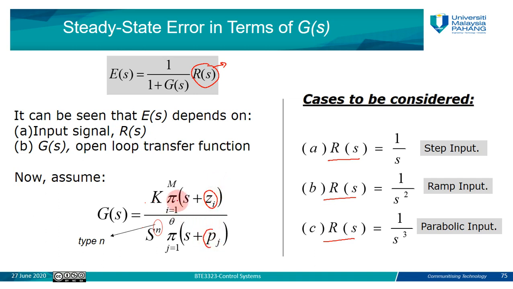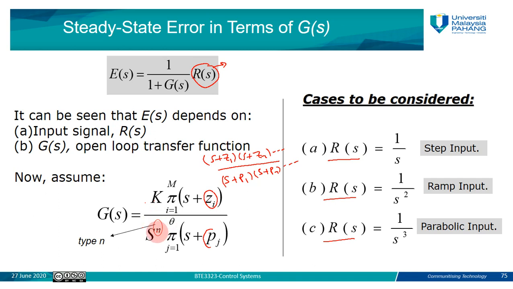So it's multiple factors: in the numerator s plus z1 times s plus z2, any number of factors. The denominator will be s plus p1, which is pole number 1, s plus p2, any number of poles. This is the general form of our transfer function.